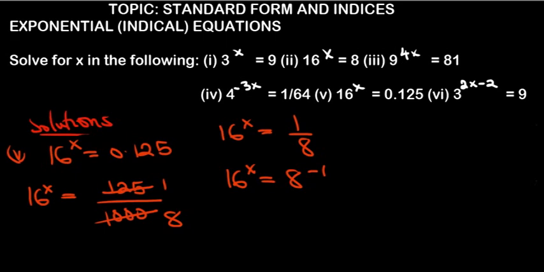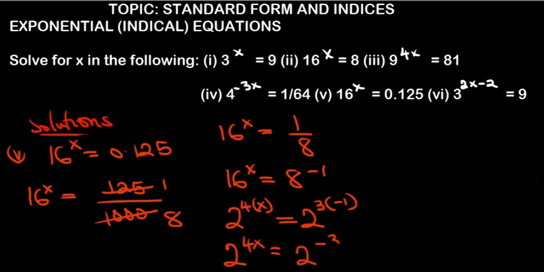And we can write both 16 and 8 as a power of 2. That means 16 is 2 raised to the power 4, in bracket x, equals 2 raised to the power 3, in bracket minus 1. That means 2 raised to the power 4x equals 2 raised to the power minus 3.